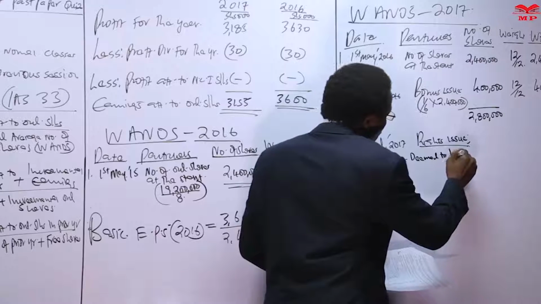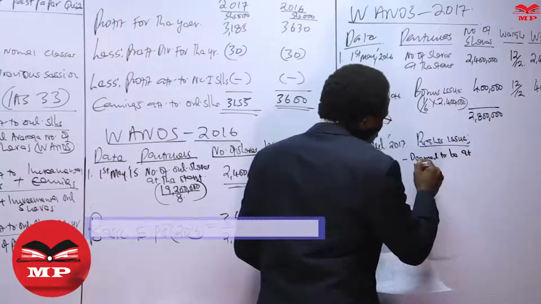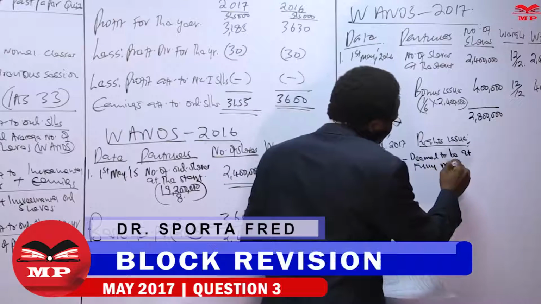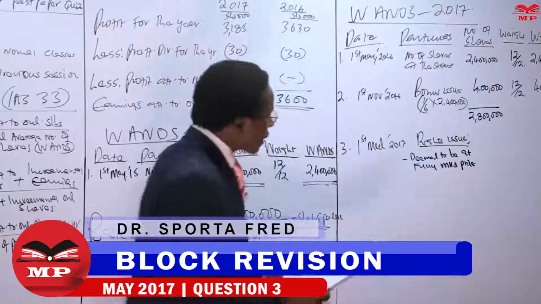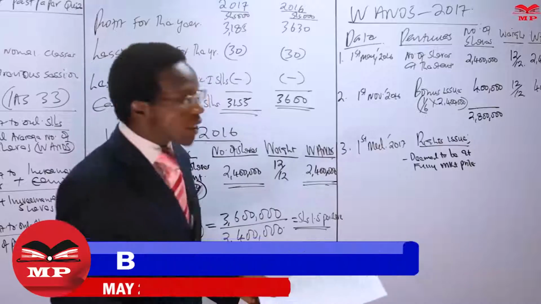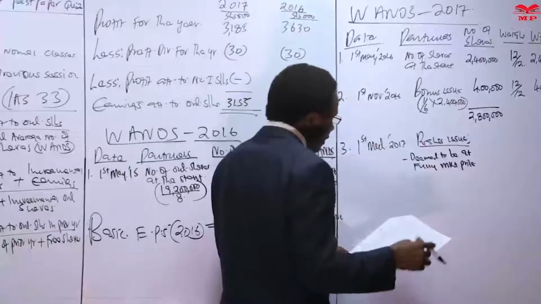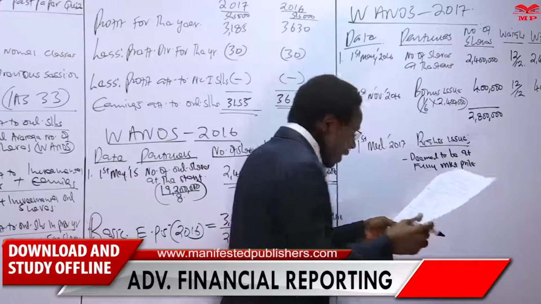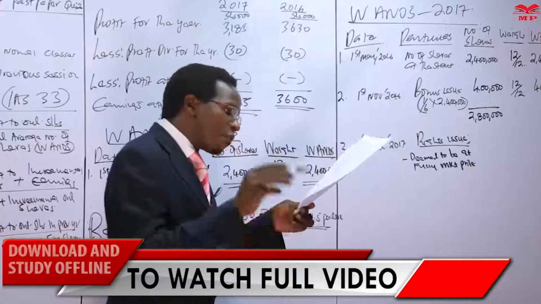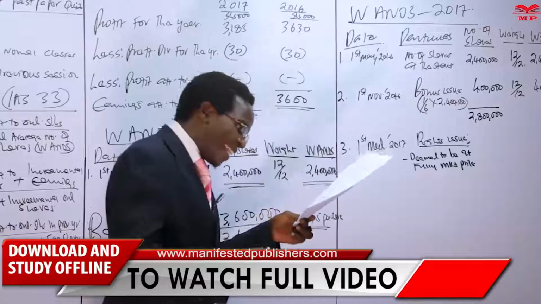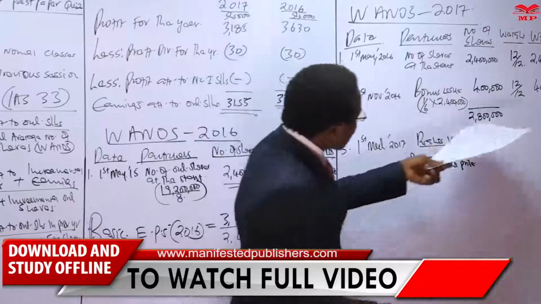The company made a rights issue of 1 ordinary share for every 7 held.